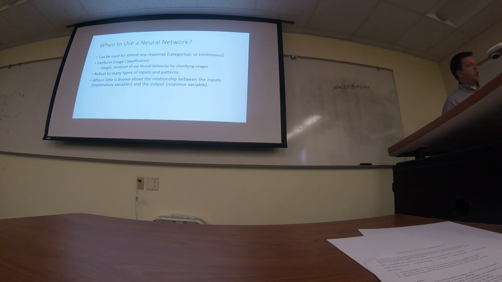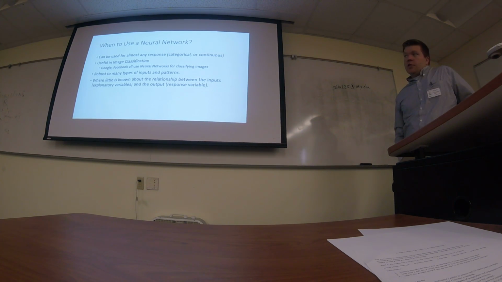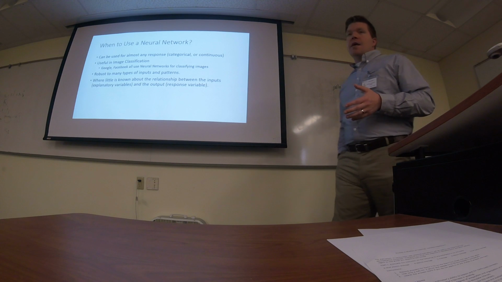So when is it good to use a neural network? Well, a neural network is really useful in almost any type of data situation where you have continuous or categorical outcomes, which is everything, for the most part. One of the places it's been most useful is in image classification.